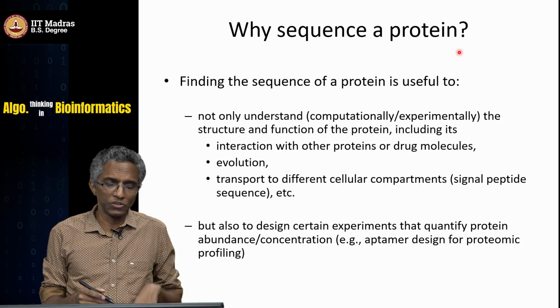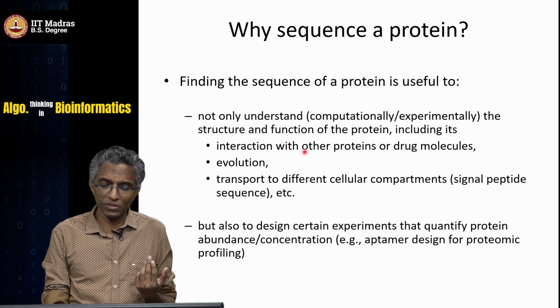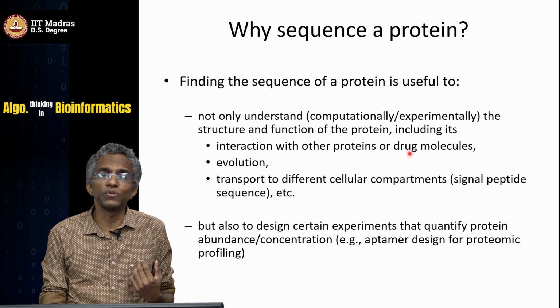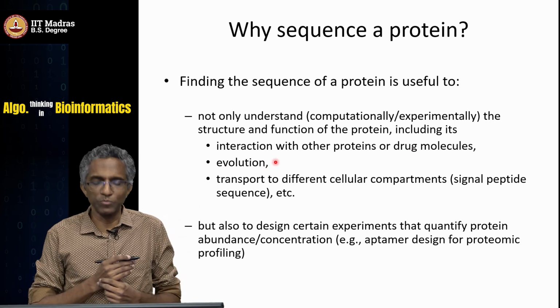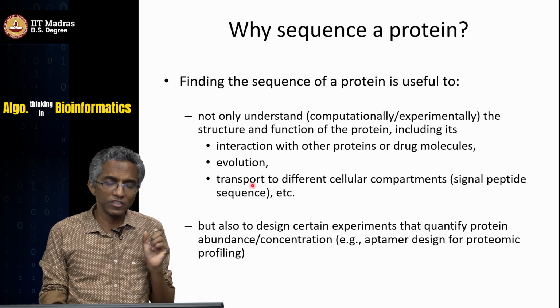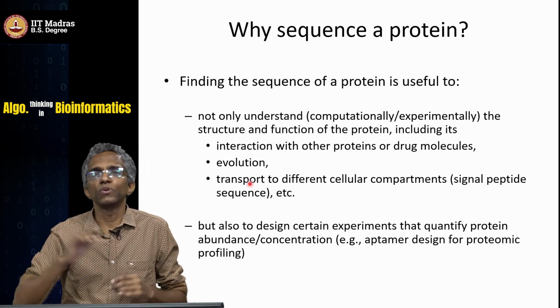That is one major use, and these functions could be what other proteins this protein interacts with, or what drug molecules it interacts with. It also tells us about the evolution of this protein within a family of related protein sequences, and whether this protein stays in one cell compartment or shuttles to other compartments.